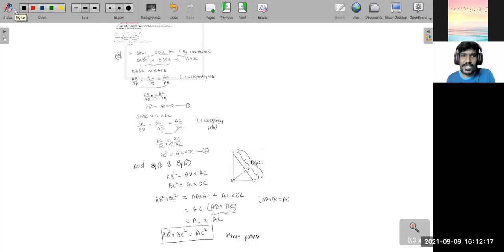Because I have done it one below the other; they have written it side by side. It can be 3 marks, or it can come as an activity: fill in the boxes. I want you to write it right now, the entire proof with the diagram. Understand and write. If you don't understand any step, you can ask me.